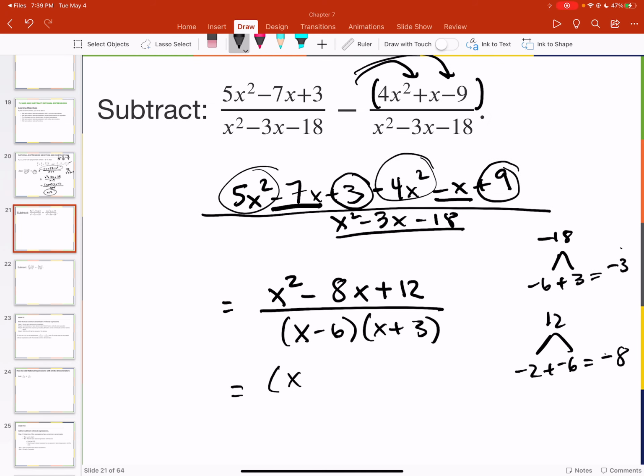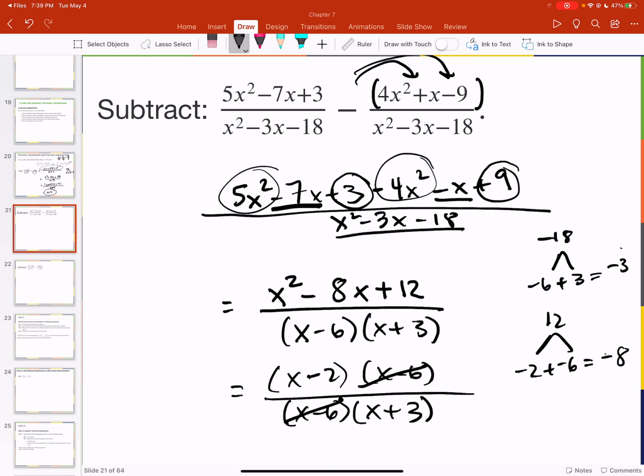So the top factors to (x - 2)(x - 6) over (x - 6)(x + 3). Okay, cancel out the factors that we have in common. And your final answer is x - 2 over x + 3. Not too bad.